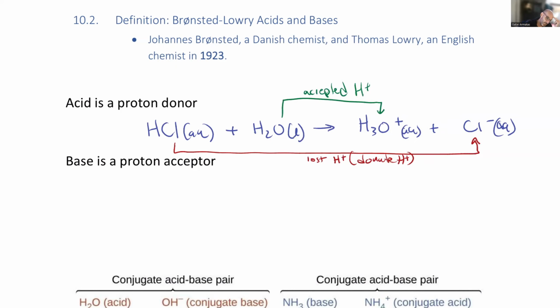So in this case, because HCl donated the H plus, we would define this as the acid. It donated it. And then a base is a proton acceptor, H2O in this case, and I probably should just move this down below.